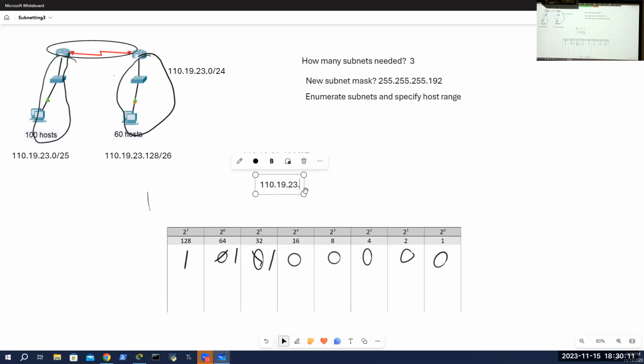Oh yeah, and we're counting by 32, so it's gonna be 224. /27. So those are the two networks that we create by reallocating one more bit from the 192/26 to make it /27. So we've got a 30 host network here, and we've got a 30 host network there.